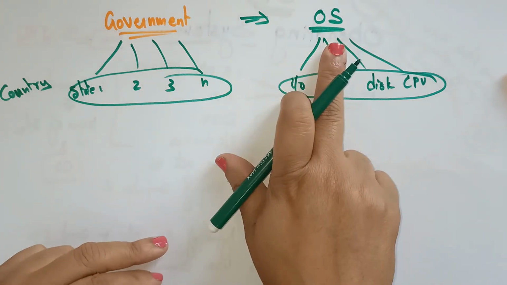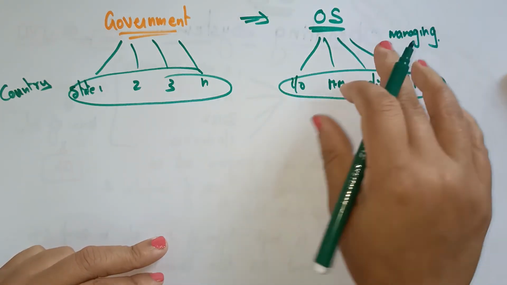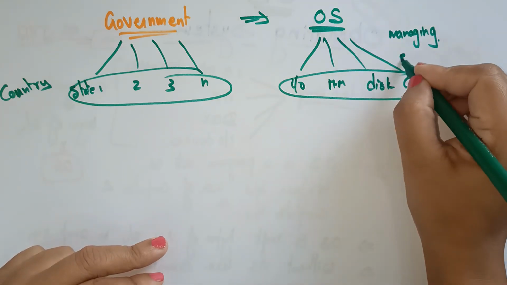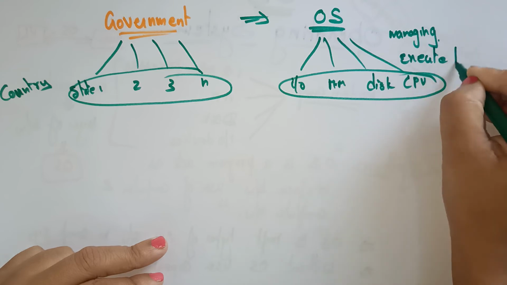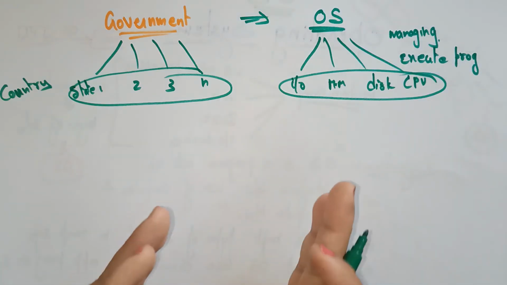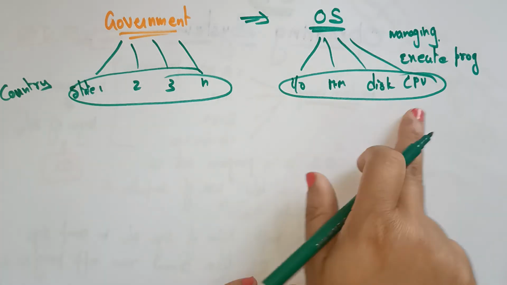So here the operating system is managing all components of the computer and helping in executing programs correctly, and also avoiding conflicts that occur when the same resource is used by different devices.